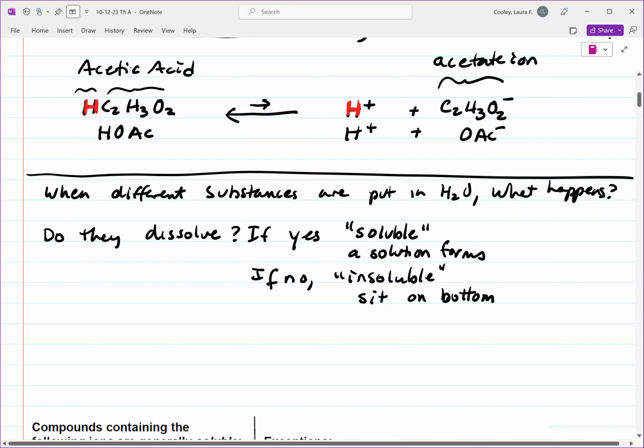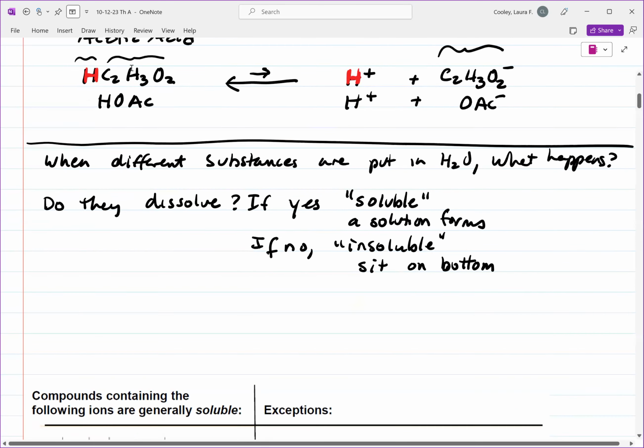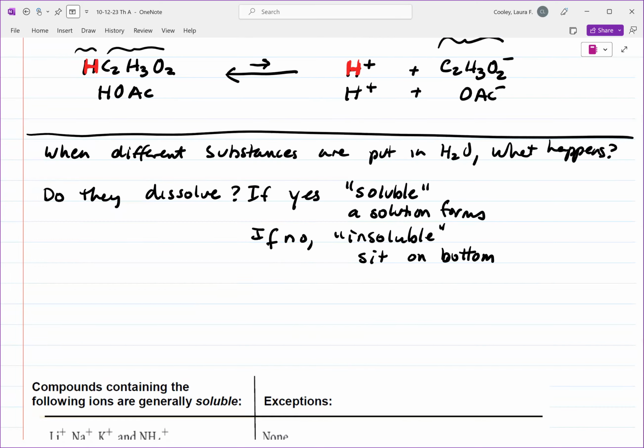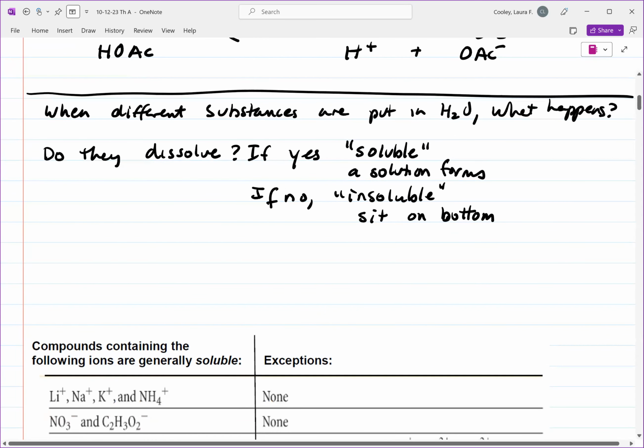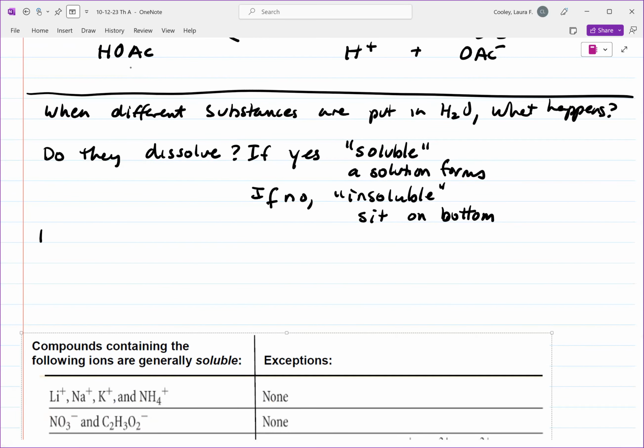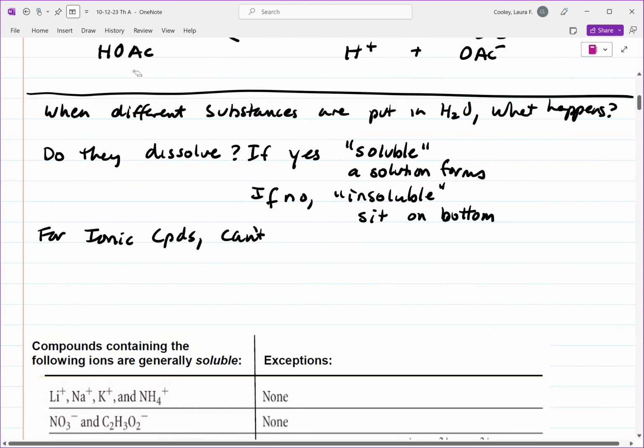And last time I showed you a solubility chart, which is good to look at for ionic compounds. So let's break this down into ionic and molecular compounds. So for ionic compounds, you really can't tell. You just can't tell very easily whether it's going to be soluble or not.